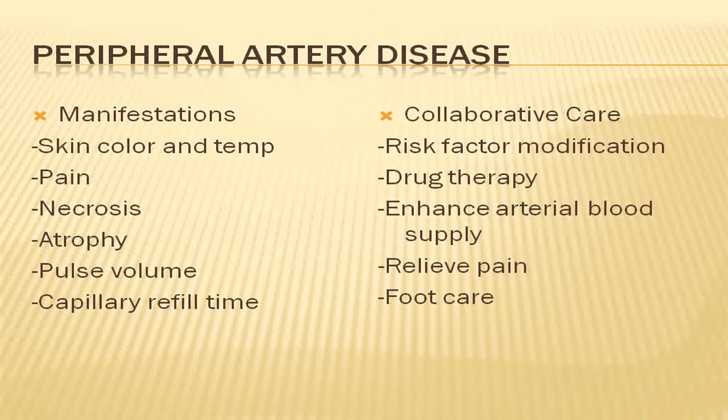When you're doing an assessment on your patient, you always want to make sure that you're comparing sides, because a person could have peripheral artery disease in one extremity. It's not necessarily a bilateral disease. It could affect one extremity.